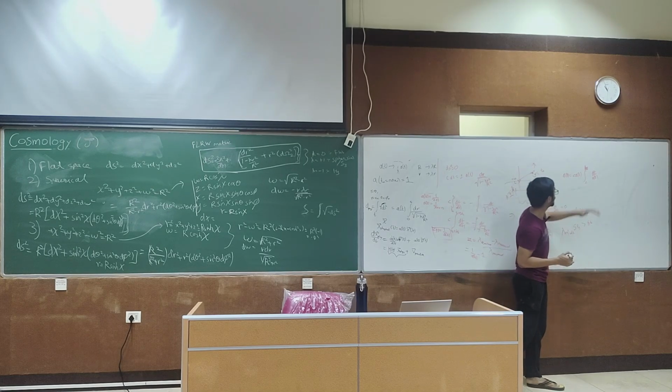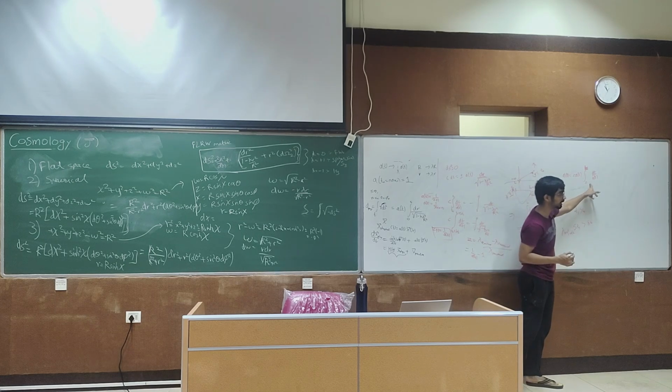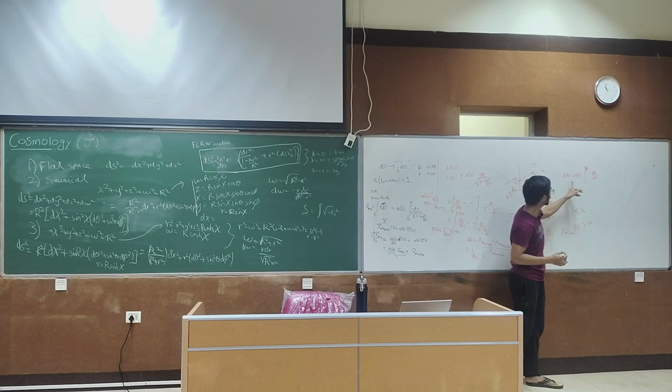From the Big Bang till now, what distance has light traveled? And it would be given by this expression. So what this tells us is the distance light has traveled from the Big Bang till now.